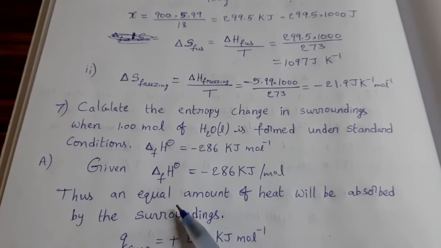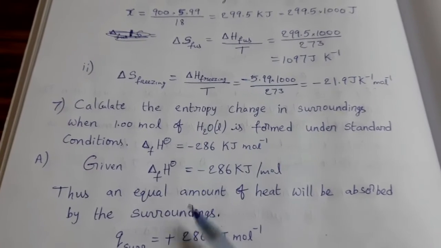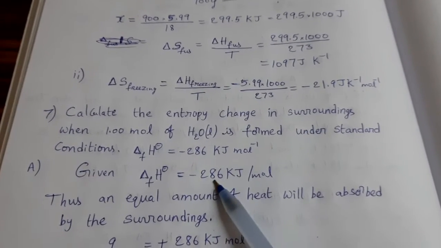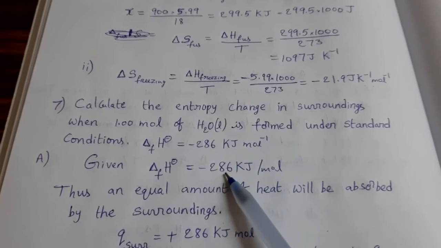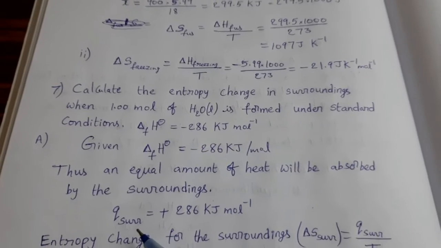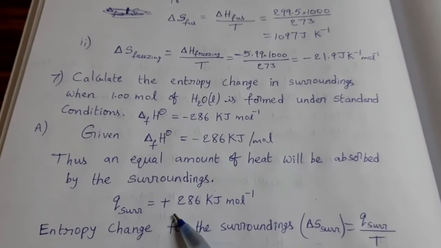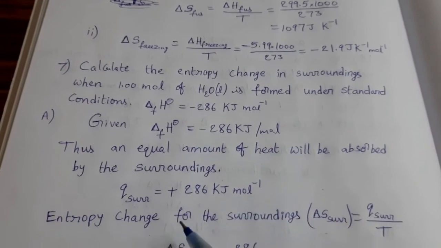Thus an equal amount of heat will be absorbed by the surroundings. This much heat energy is released during the formation of H2O, so the same amount of heat energy is absorbed by the surroundings. So heat energy absorbed by the surroundings is plus 286 kilojoule mole inverse.